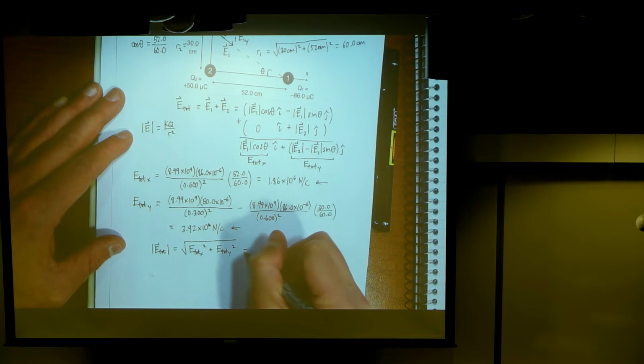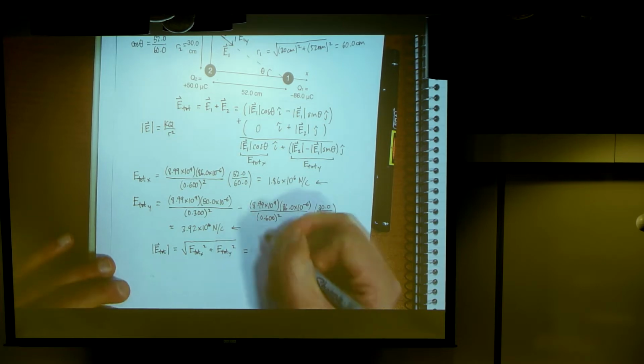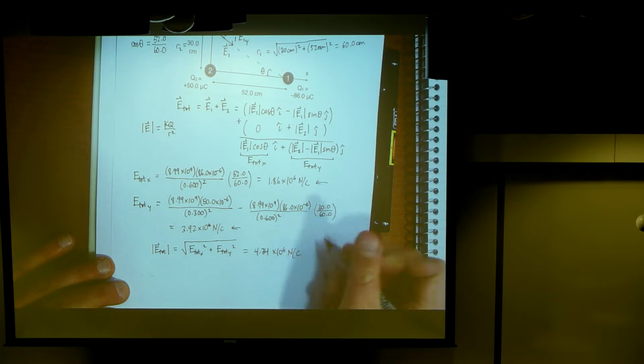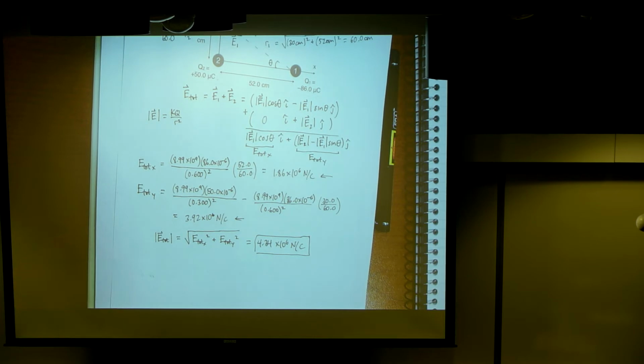And what does that give us when we do that? You might want to check again on that one. 4.34 times 10 to the 6 newtons per coulomb. So that's the strength or the magnitude of the electric field at that point. What about the angle? How do we deal with this part?